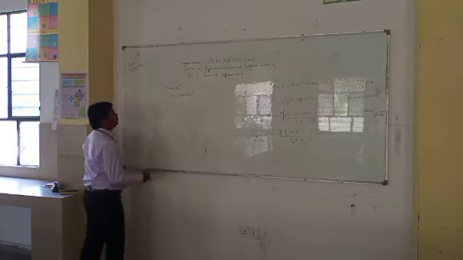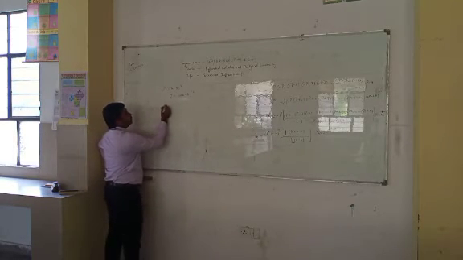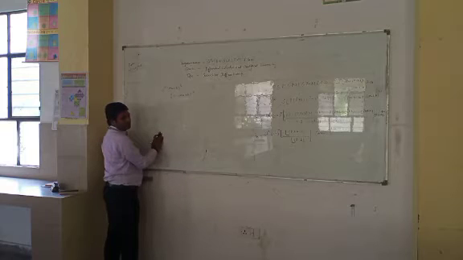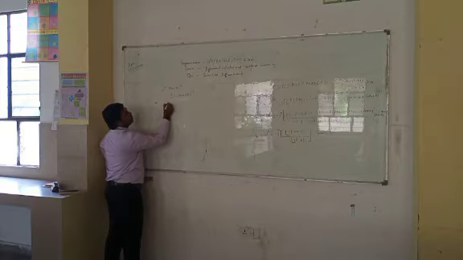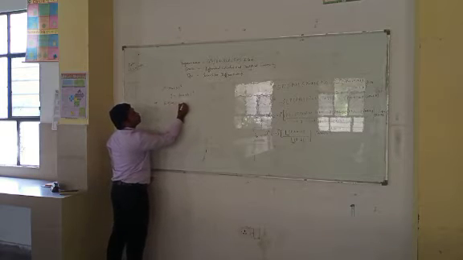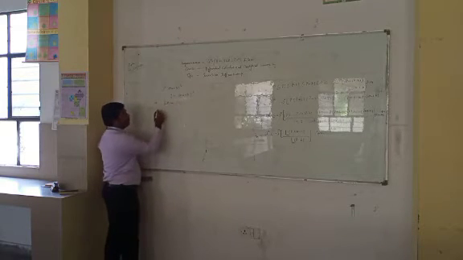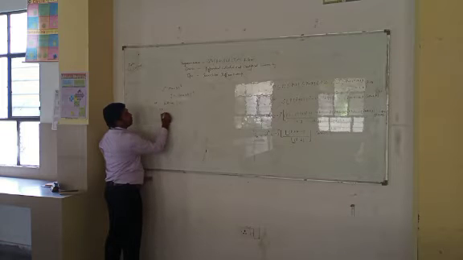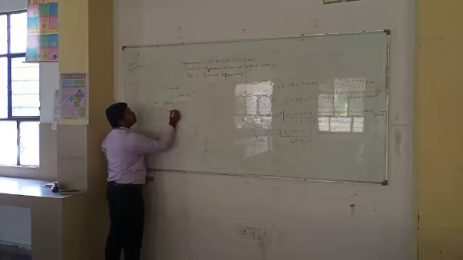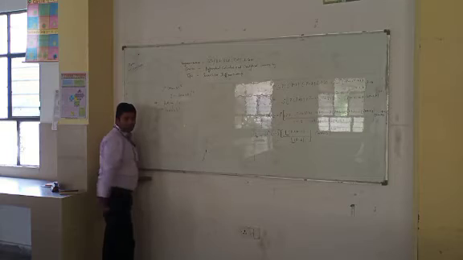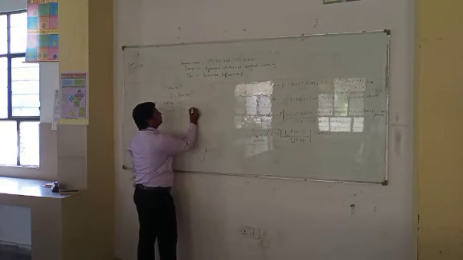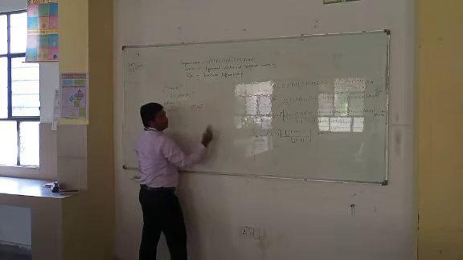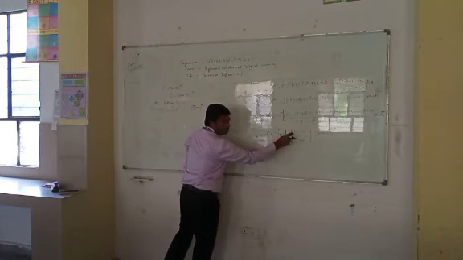So putting p is equal to 1, then this will be d to the power n of ax plus b to the power minus 1 is equal to a to the power n, minus 1 to the power n, and p is equal to 1.